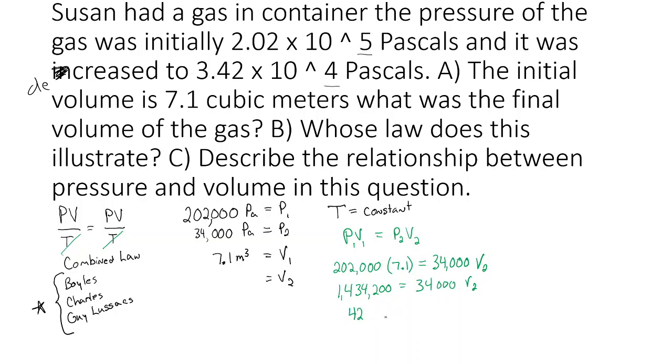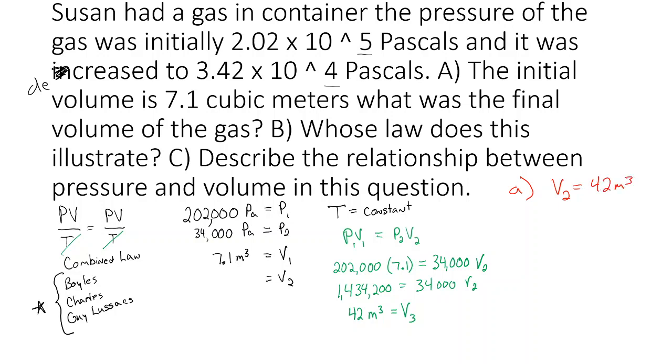Since it's 2 significant digits, I could go on, it's like 42.18235. But 42 meters cubed equals my final volume. So what happened to the volume? If you look carefully, part A says that V2 is 42 meters cubed.